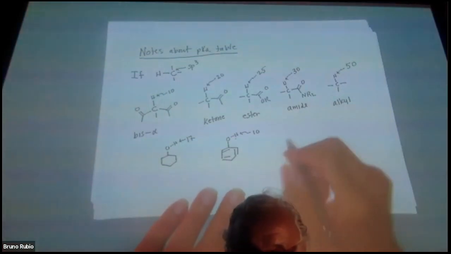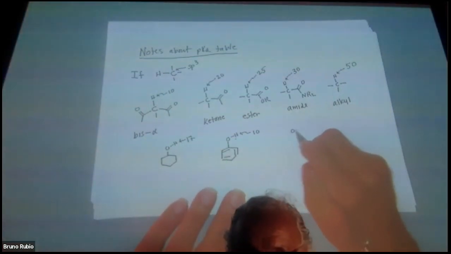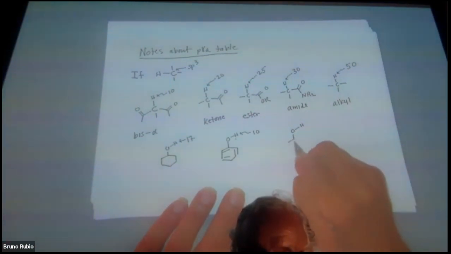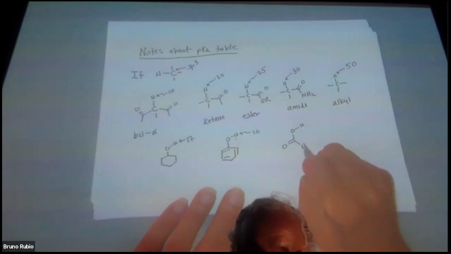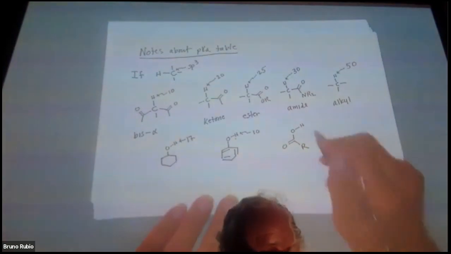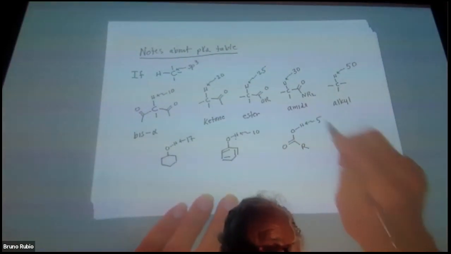And then if we cruise down that table, we see another situation with another OH group, but now that OH group is the OH group of a carboxylic acid. So this pKa is about 5.